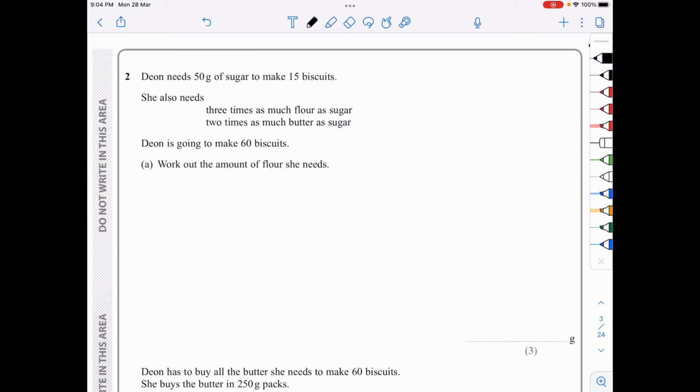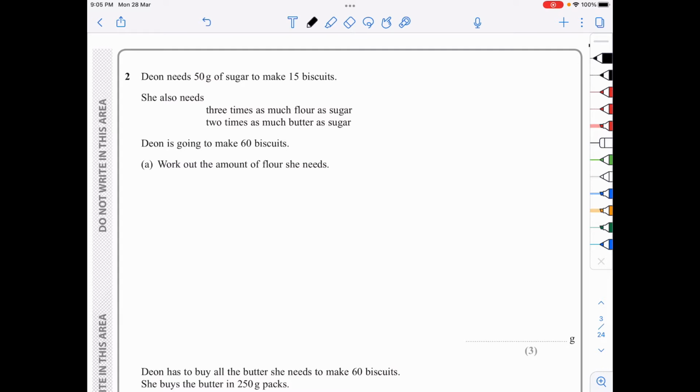Question 2, we've got Dion who needs 50 grams of sugar to make 15 biscuits. She also needs 3 times as much flour as sugar and 2 times as much butter as sugar. She will be making 60 biscuits and we need to work out the amount of flour she needs. Now, 50 grams for 15 biscuits, well, to make 60 biscuits, I'll multiply by 4.